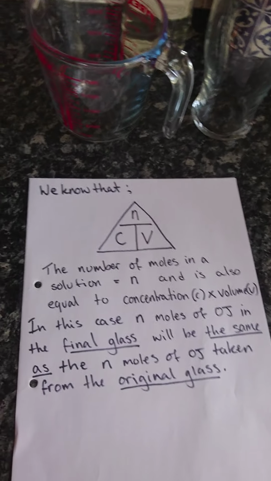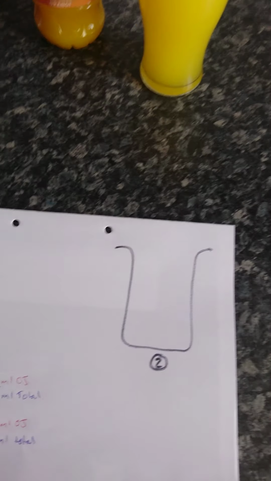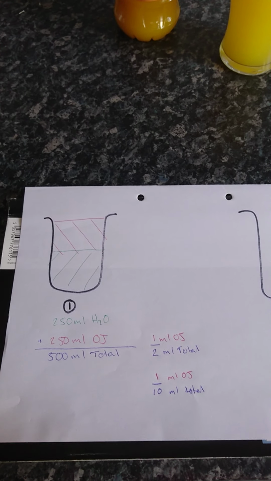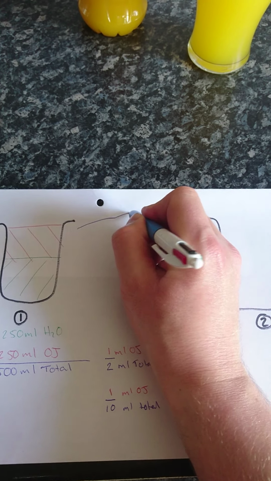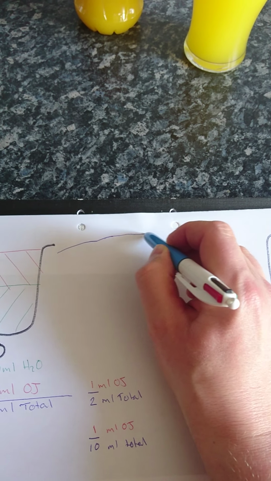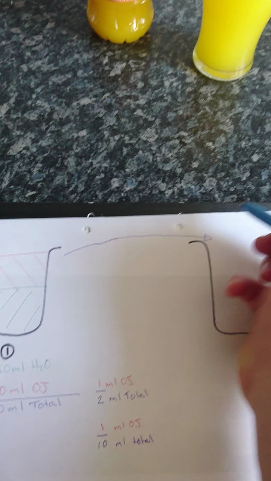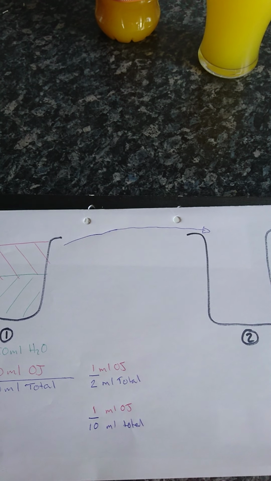So if I write this problem down, we're going to take a volume from the first glass and put it into that second glass.